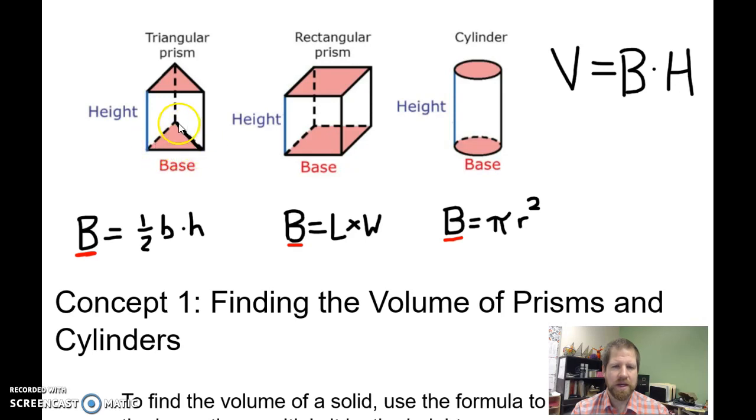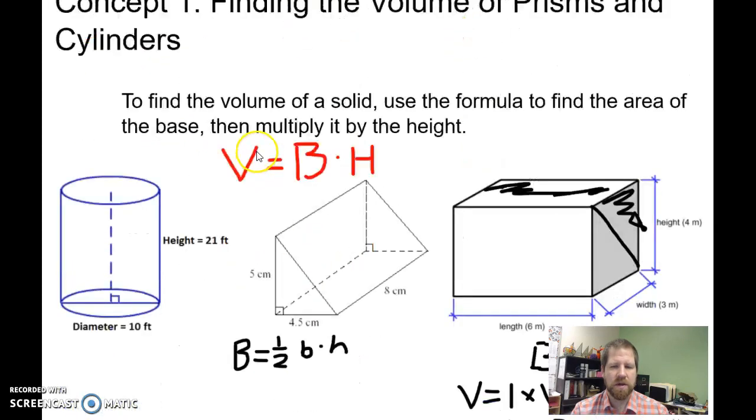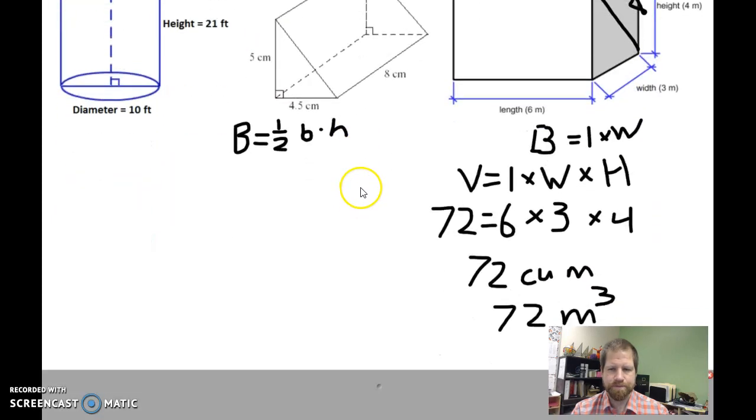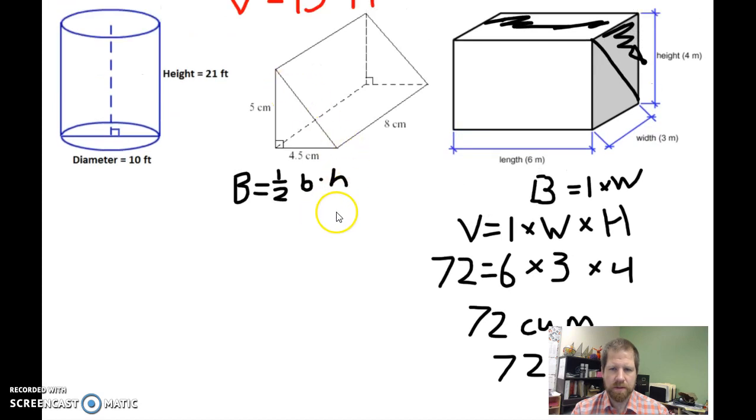The side length is not the height. The height would be directly from the top corner all the way down to the base. So if you have a problem and you're given two of the sides, it's got to be a right angle in order for this length to be the height.